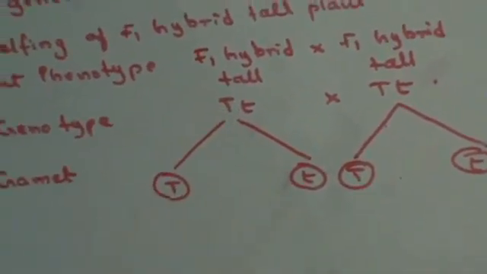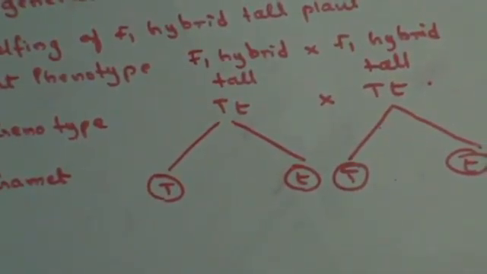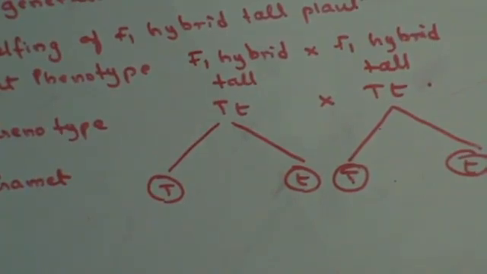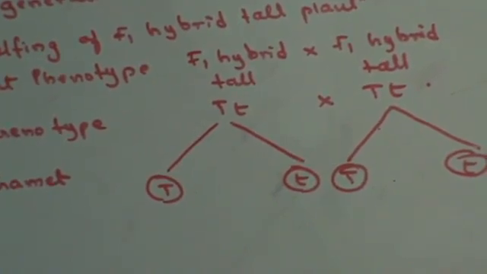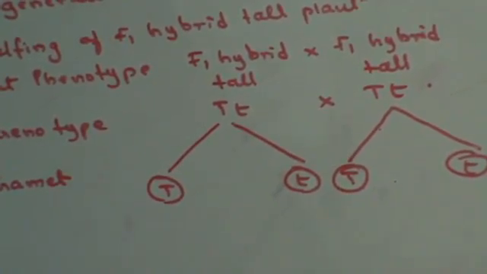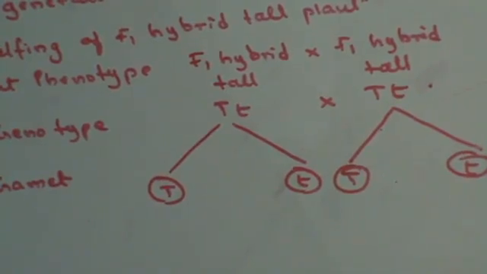Organisms can be hybrid or pure, it may be homozygous or heterozygous, but gametes will always be pure. And that is my law of segregation. Right? Do we get this in here?